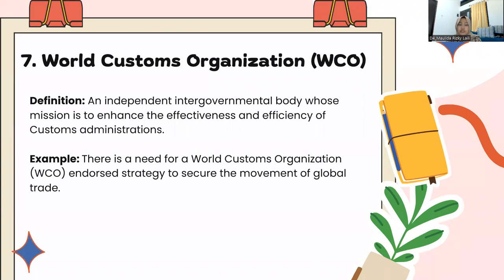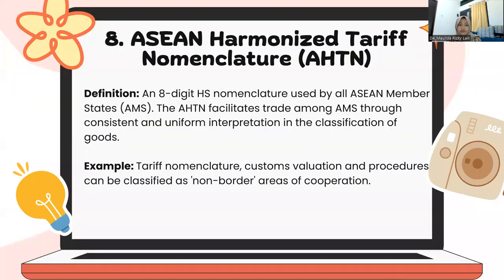The definition is an independent intergovernmental body whose mission is to enhance the effectiveness and efficiency of customs administration. And the example sentence is, there is a need for a World Customs Organization, or WCO, endorsed strategy to secure the movement of global trade.